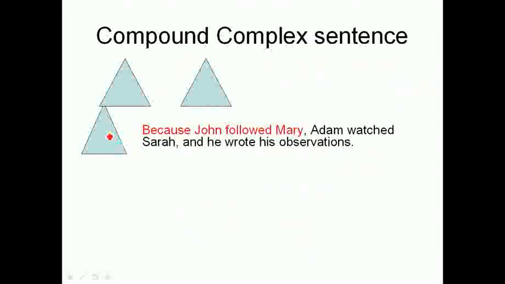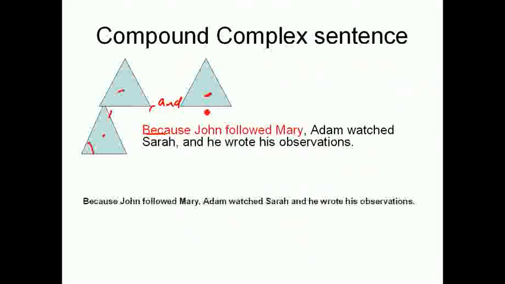Here's another example. And what does this look like in triangular form? Well, this time you have because John followed Mary. You have a subordinator here. Because John followed Mary, comma, Adam watched Sarah, comma, and he wrote his observations.